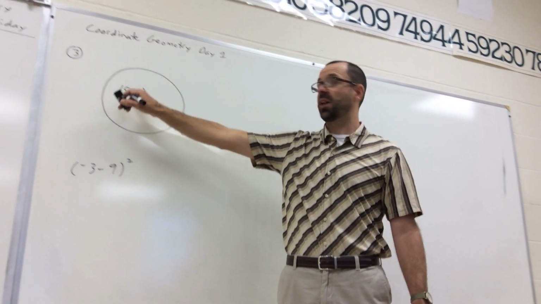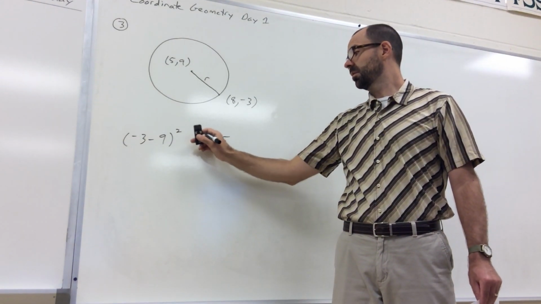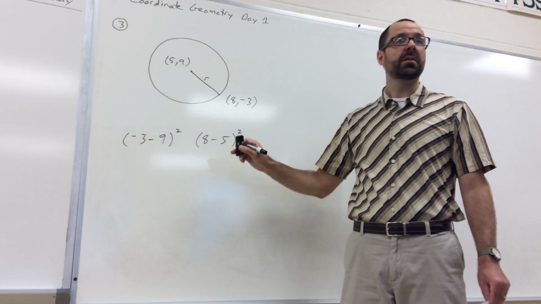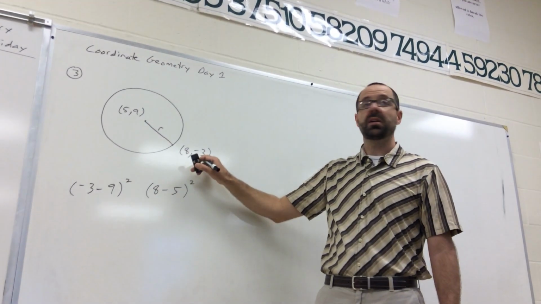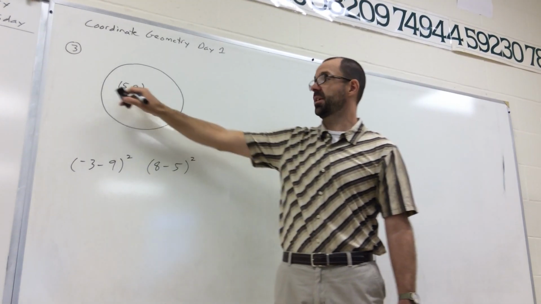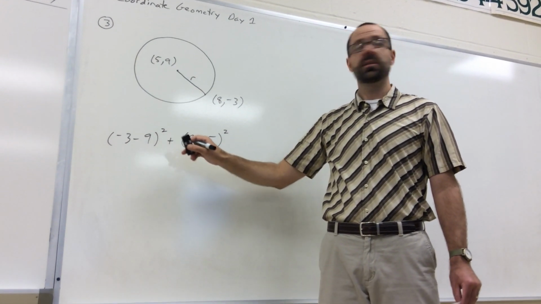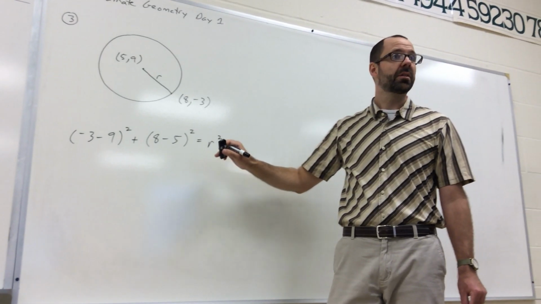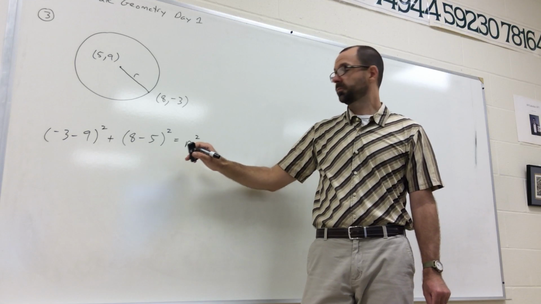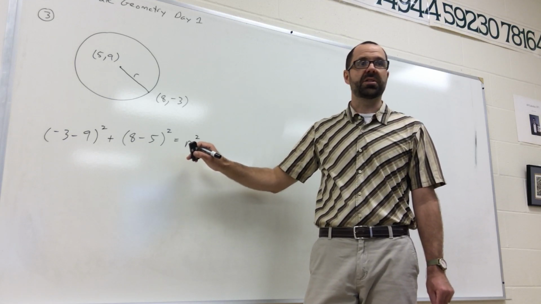Take 8 minus 5, so subtract and then square. So I'm subtracting the y's and then squaring, and then subtracting the x's and then squaring. And then after that you add, and that equals the distance squared. Okay, so that's the setup.